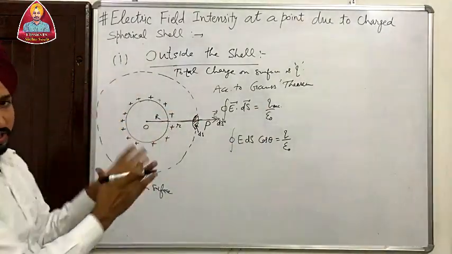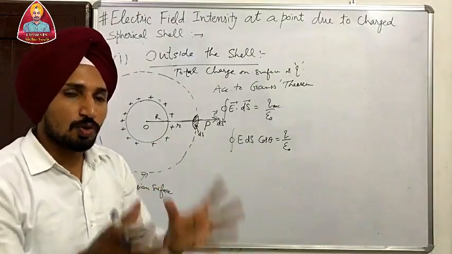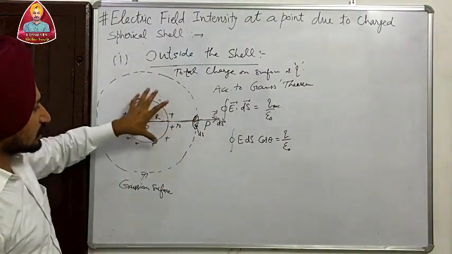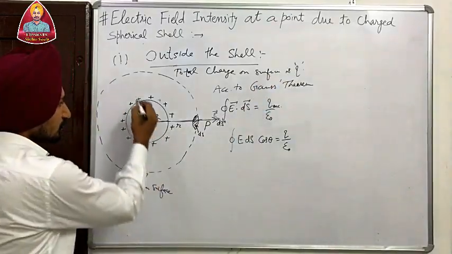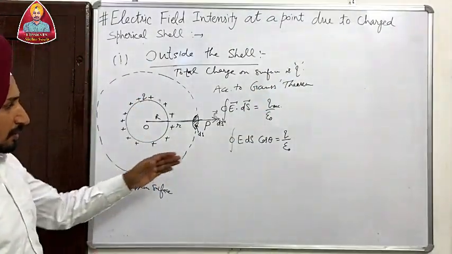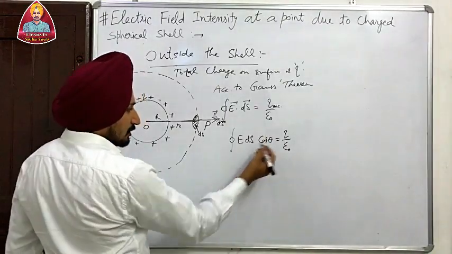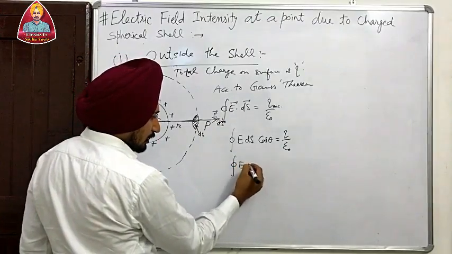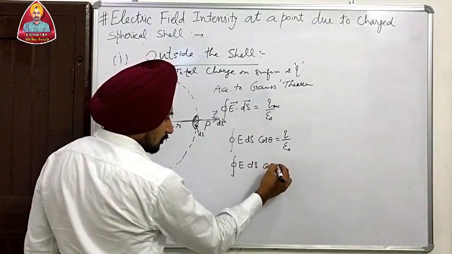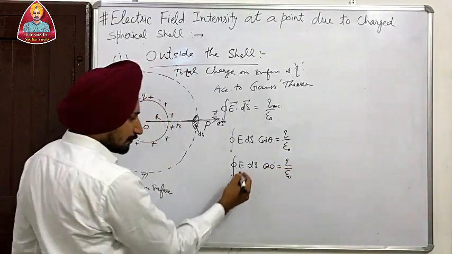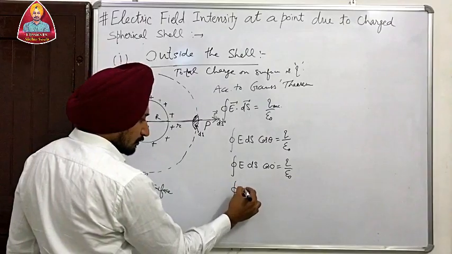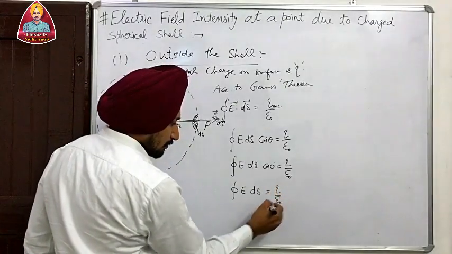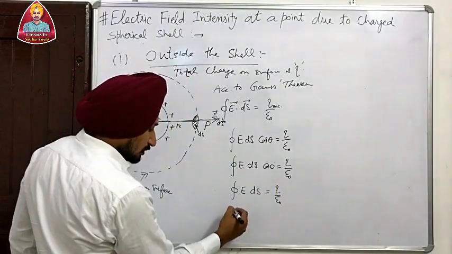The whole spherical shell is enclosed inside the Gaussian surface, so the enclosed charge is equal to the total charge Q. So here theta is 0 degrees and the charge is Q. So E ds cos 0 is equal to Q upon epsilon naught. Cos 0 is 1. E will get outside.